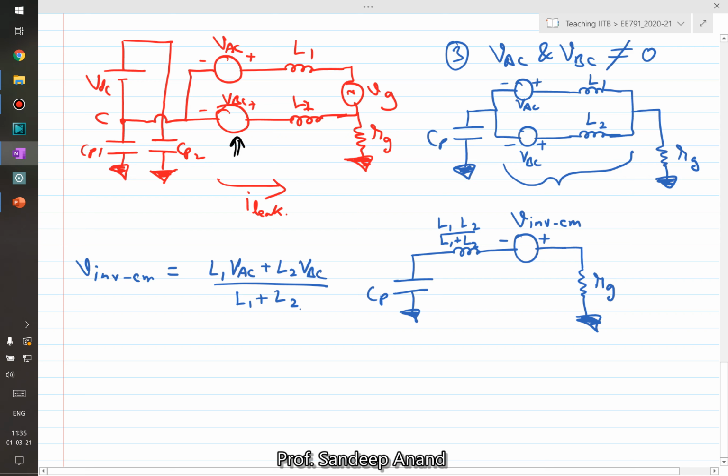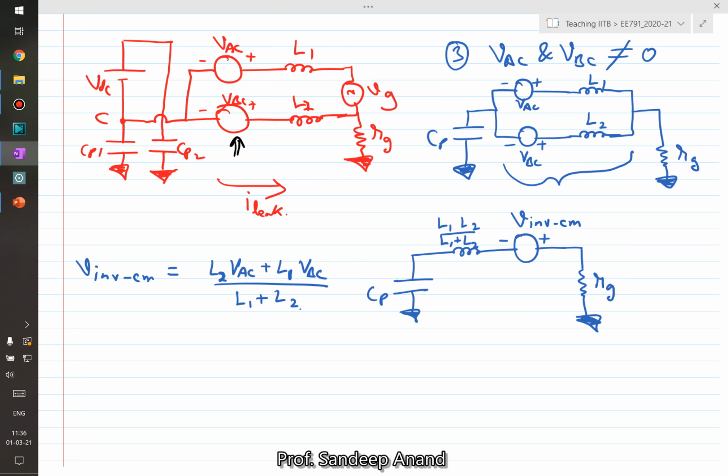Right, sorry, I think there is some mistake. This should be L2, and this one should be equal to L1. All right, so this is the common mode voltage introduced in the circuit because of the inverter switching, right?